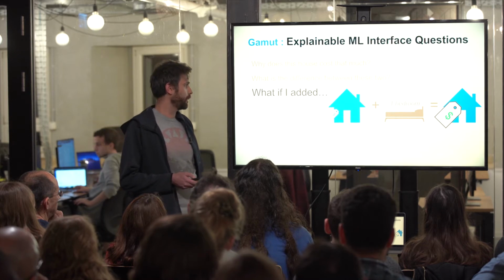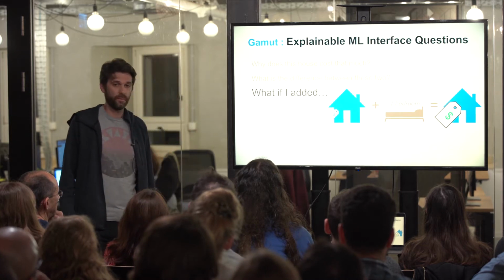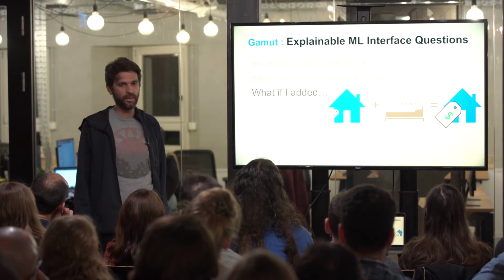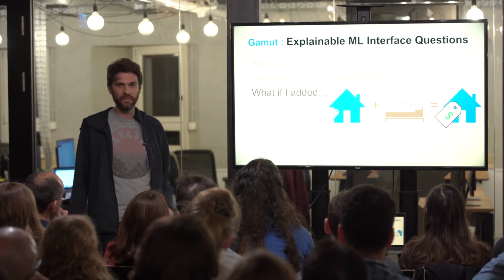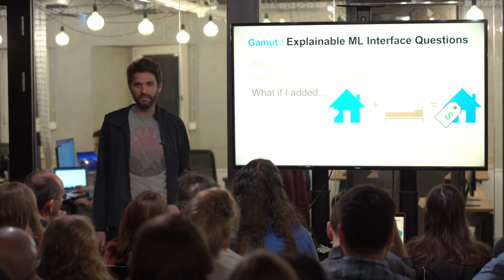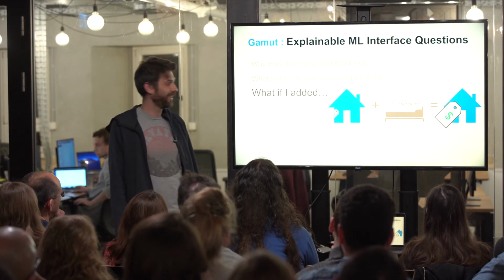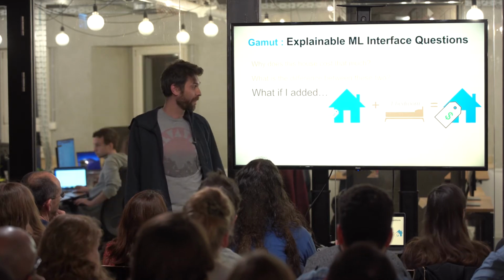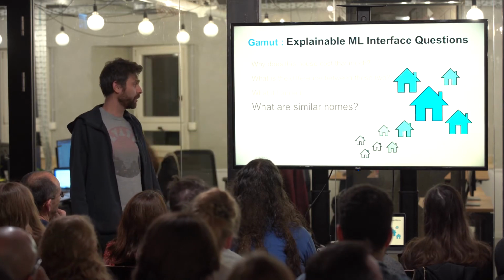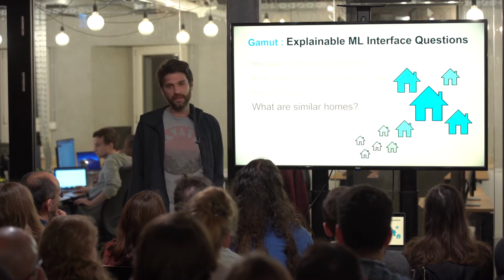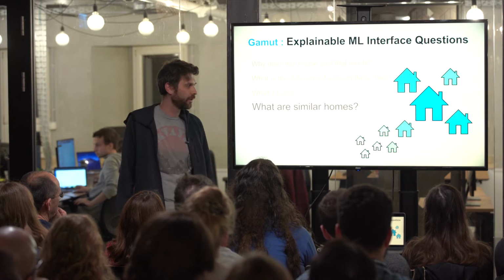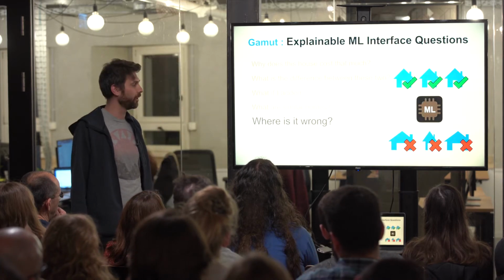The third type of question was, what if we add some modification to this house? So we have a certain house. If we expand it with one more room, do some remodeling project, how will it add to the value of the house? The next question was, what are the similar houses in our data set? So what makes houses similar for this model?